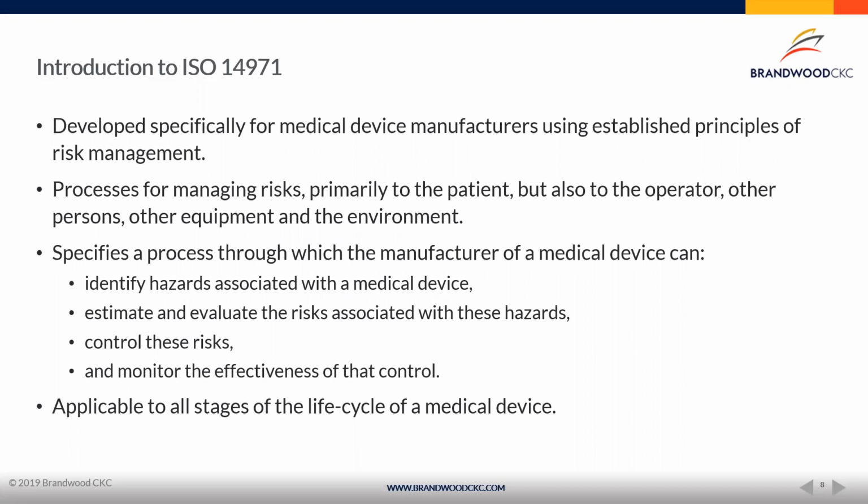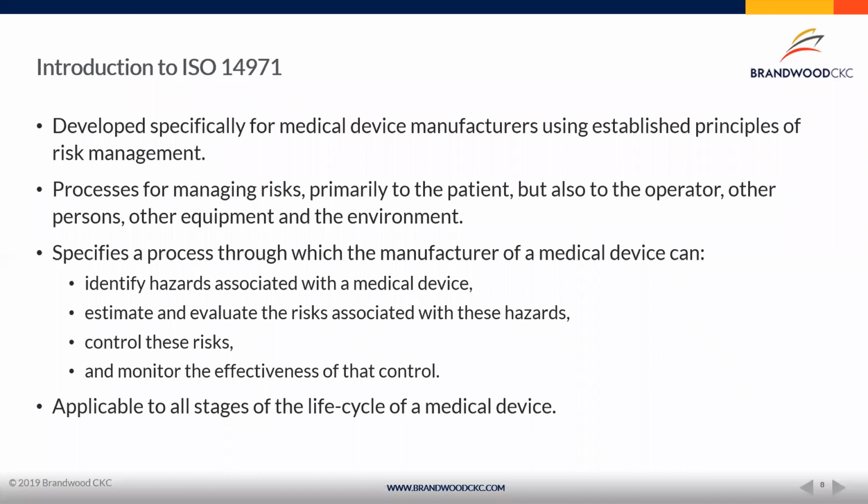14971 specifies the process in which the manufacturer of a medical device can identify hazards, estimate and evaluate the risks associated with these hazards, control and mitigate these risks, and then monitor the effectiveness of that control. And that's important because that is the life cycle of risk for your medical device.